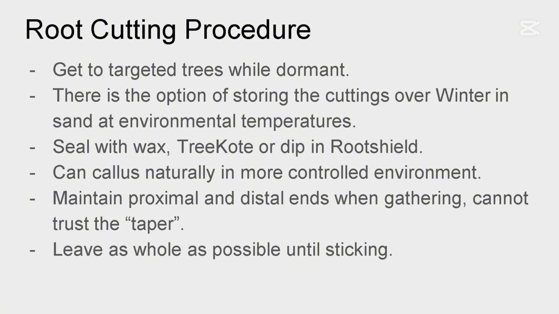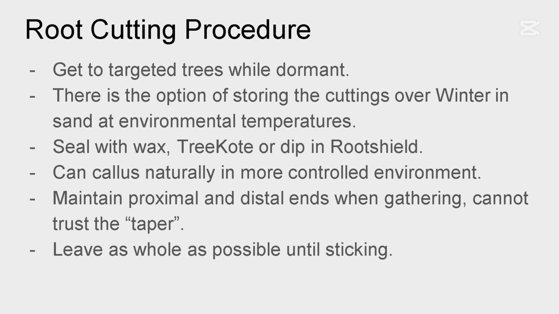If you're digging in the fall, you can harvest those roots then and overwinter them, and that's some work that was done firstly with persimmons, sealing those with some sort of wax or tree coat and in sand, and then the roots store pretty nicely. So all different systems to kind of see what's viable.